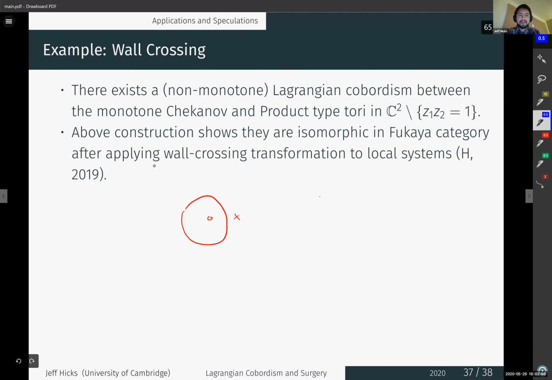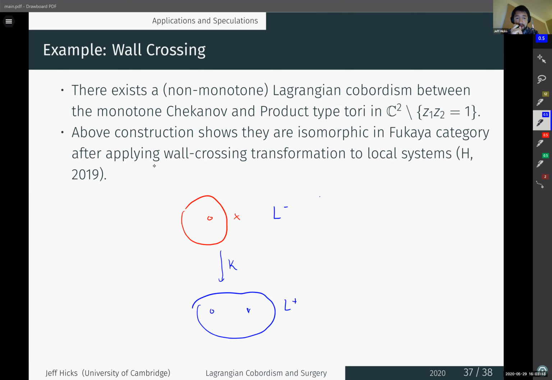There's a Lagrangian cobordism between the Chekanov and the product type tori in the complement of a conic in C2. So between this torus and this torus, there's a Lagrangian cobordism, and that Lagrangian cobordism is unobstructed by a bounding cochain.